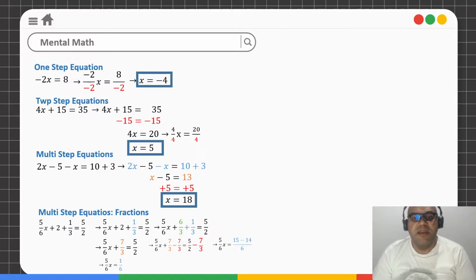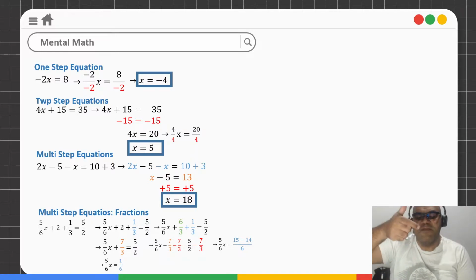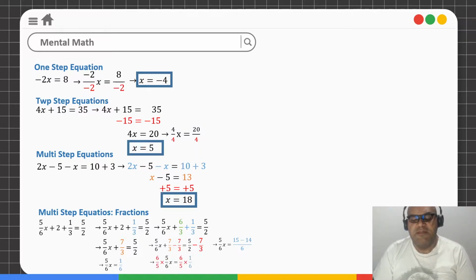As you remember, when a fraction is multiplying on one side, we move it to the other side as the reciprocal. Remember, flip the fraction. We do it on both sides and we get the solution. It is 6/5 times 1/6. We multiply, and we simplify: x equals 1/5.